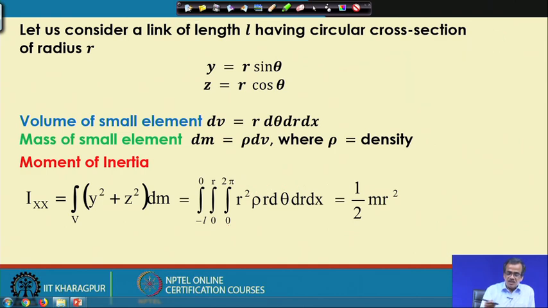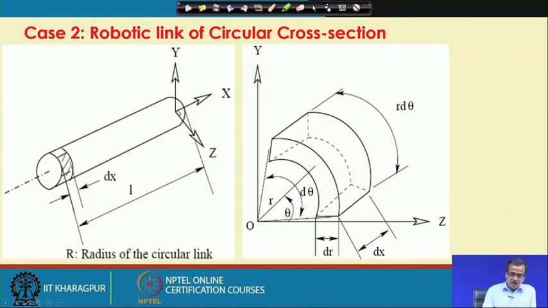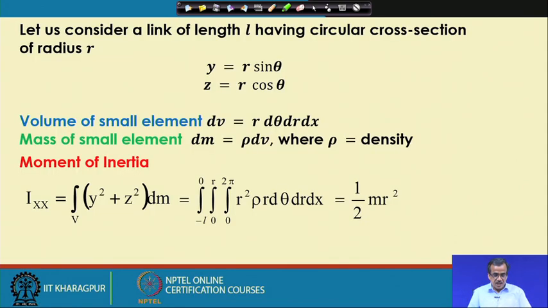Now, let us see how to decide the range for x. Here we have the origin of the coordinate system, so the range for x is from minus L to 0. With this range, we can carry out the integration, and we will get half m r square, where m is the mass of this link having circular cross section.